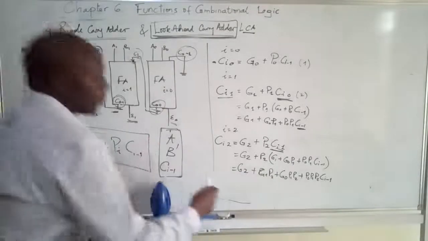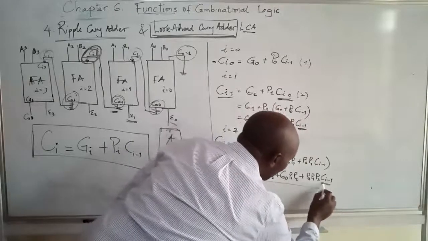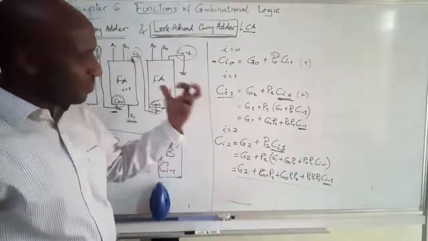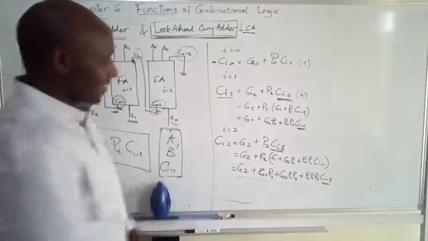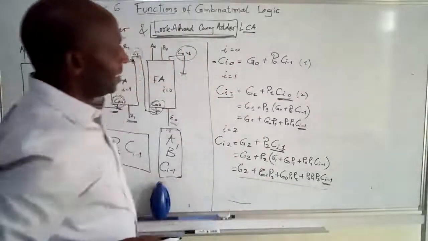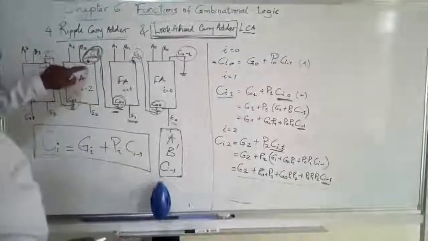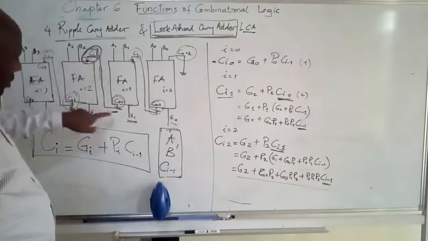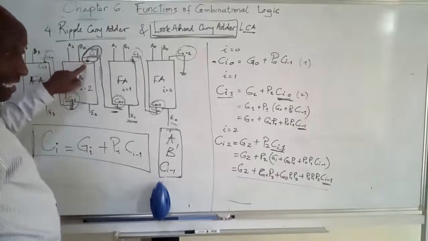We don't need it because look at the formula. When you have the value of the initial carry in, this carry in minus 1, that's all. You can get this carry out. You can get this carry in, which is equal to the carry out, directly.